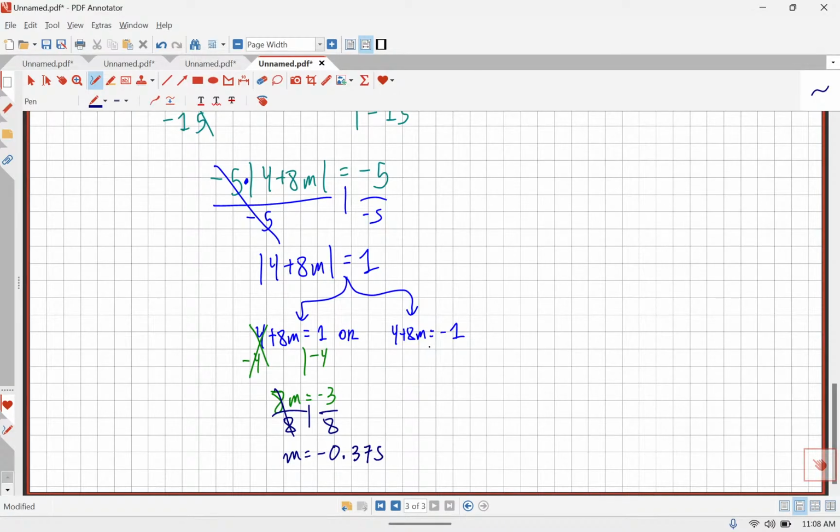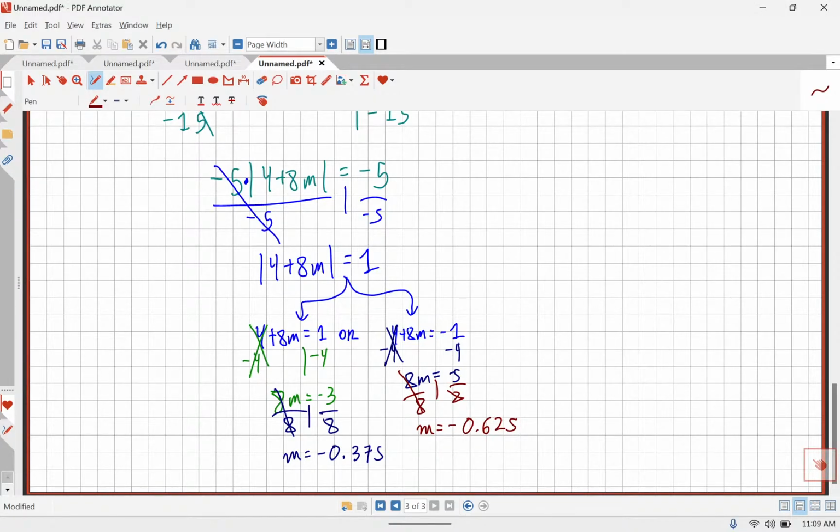Okay. Let's do the same thing over here. Take away 4. 8m equals negative 5. Divide both sides by 8. And m equals, help me out here, what's negative 5 divided by 8? Okay. They are both negative.